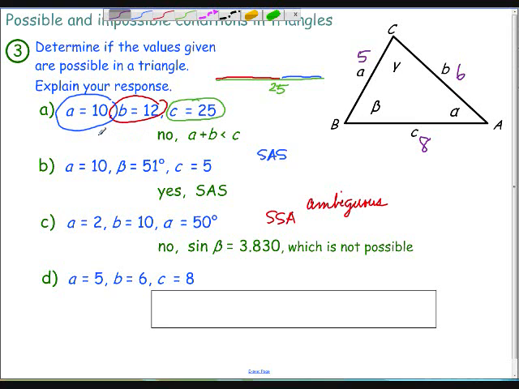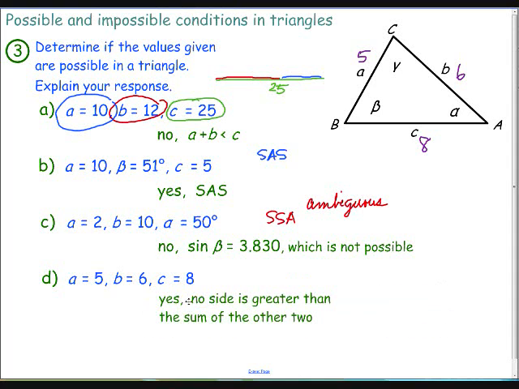For this one, I can go right back into this kind of thinking to see whether or not it would be possible. 5 plus 6 is greater than 8. 6 plus 8 is greater than 5, and 5 plus 8 is greater than 6. I don't see any problem with that, do you? No side is greater than the sum of the other two.